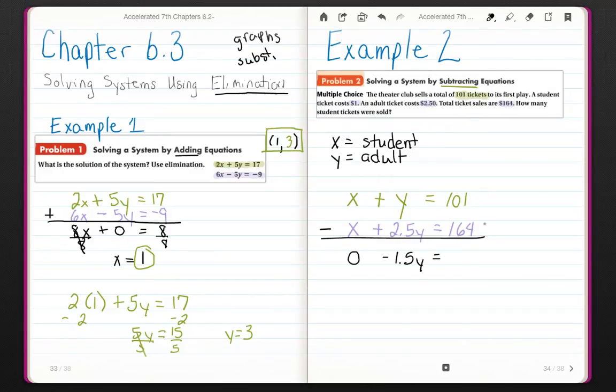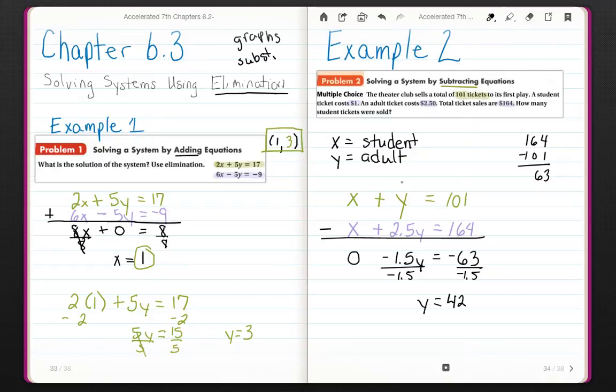And 101 minus 164, 164 minus 101 equals negative 63. Divide both sides by negative 1.5. And y equals 42.